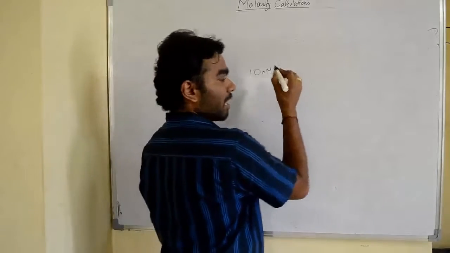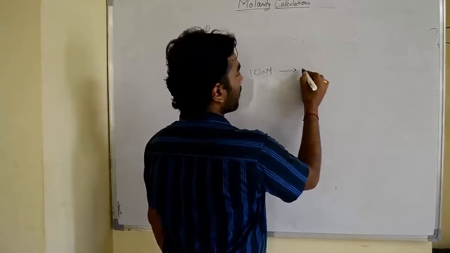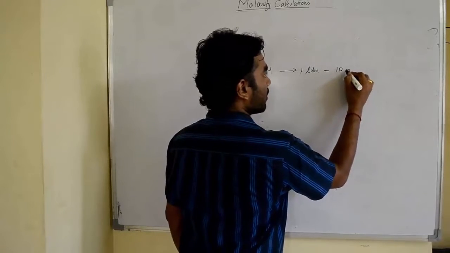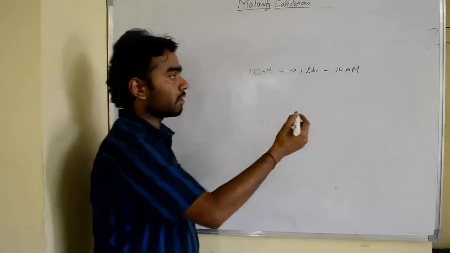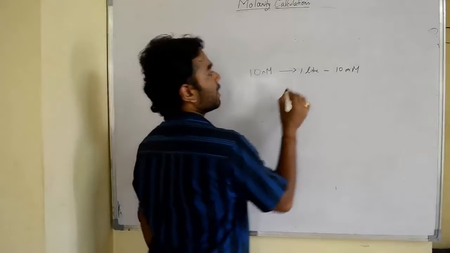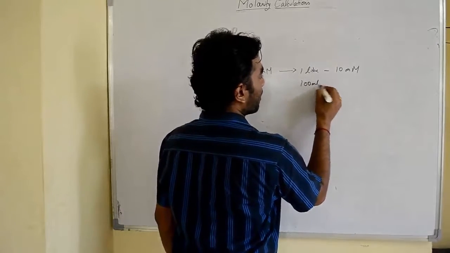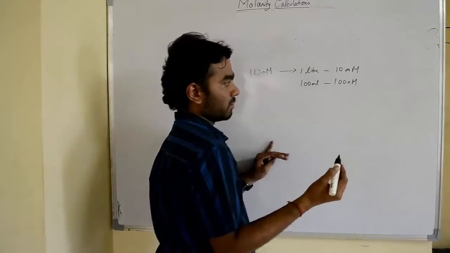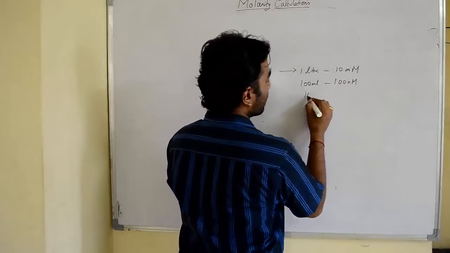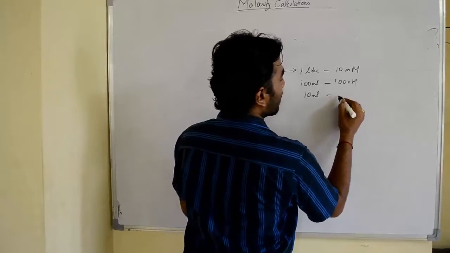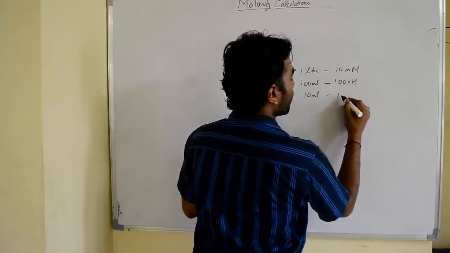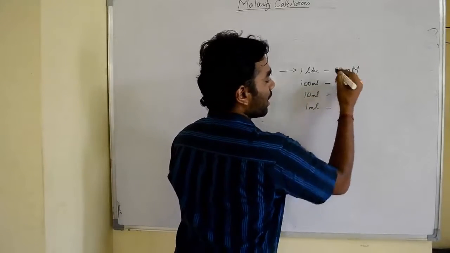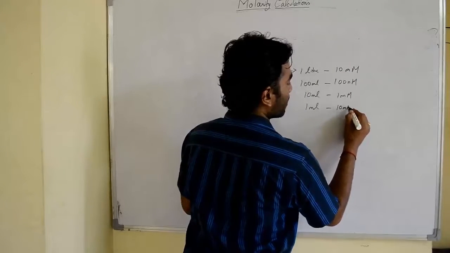If I prepare it in 1 liter, then it will become a 10 nanomolar solution. But if I take the same thing in 100 ml, then that becomes a 100 nanomolar solution. If I take it in 10 ml, it will be a 1 micromolar solution. If I take 1 ml, I will get 10 micromolar.